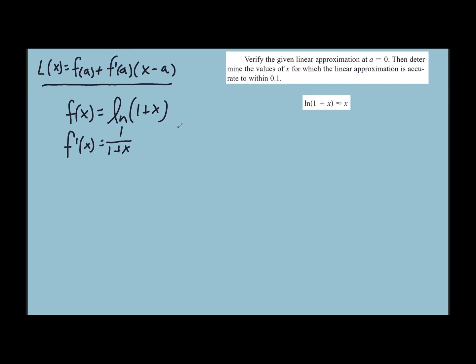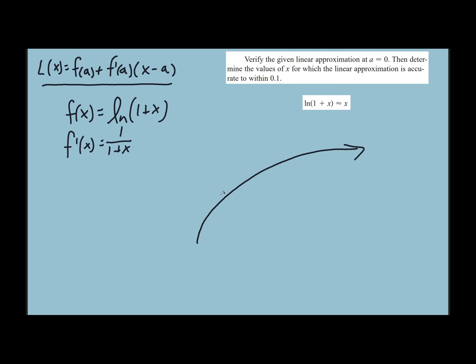Now, real fast, let me explain a little bit more. Natural log looks like this. All logarithms look like this. Natural log normally looks like this, but this is a 1 plus x, so it might be shifted left a little. It doesn't really matter. All we care about is that they're saying the natural log of 1 plus x is almost the same as just x, like y equals x, a straight line at a equals 0.